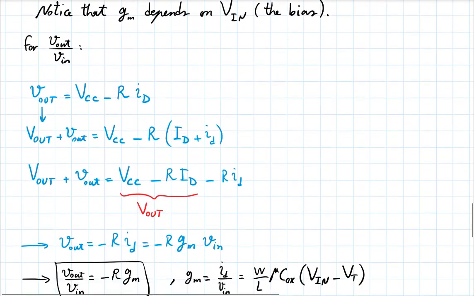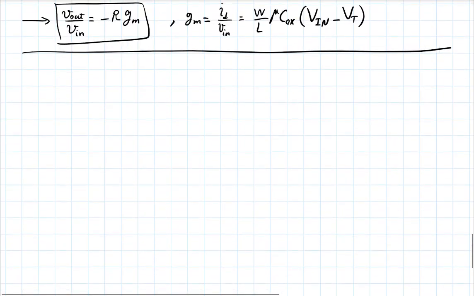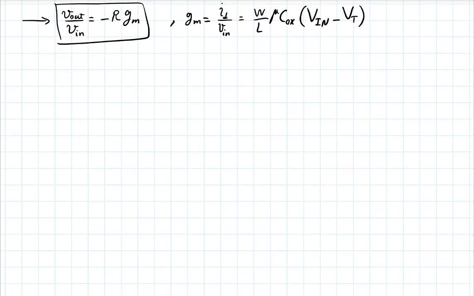Okay? Well, remember the formula for the current. ID, this is the total current, small i, capital D, as a function of the total input, small v, capital N, right?